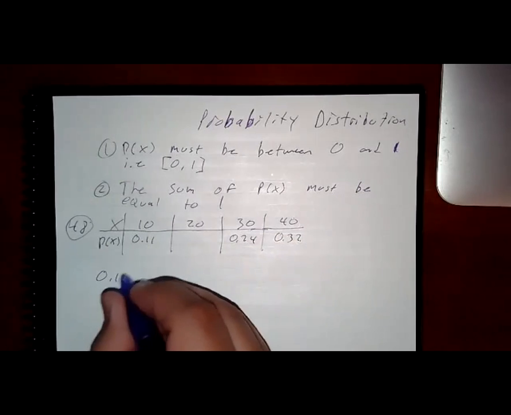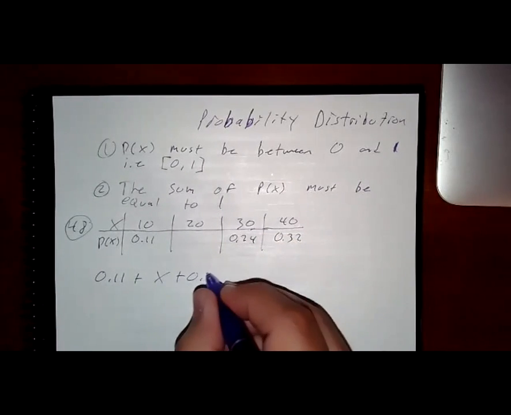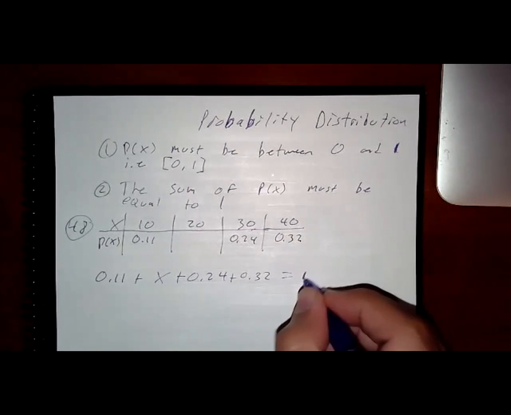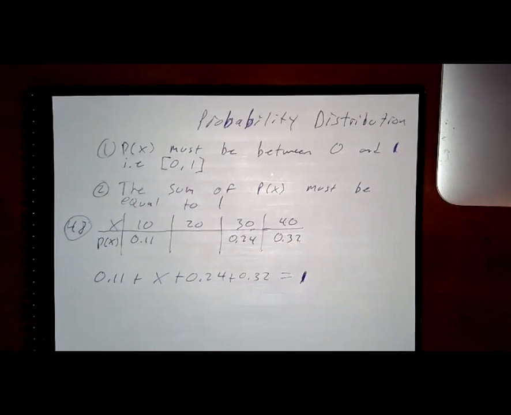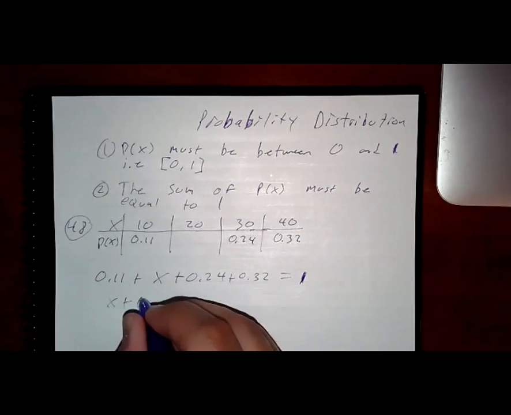So 0.11 plus blank, plus 0.24 plus 0.32 must equal 1, 100%, right? So add these numbers up. That would be 0.11 plus 0.24 plus 0.32. This is really just x plus 0.67.